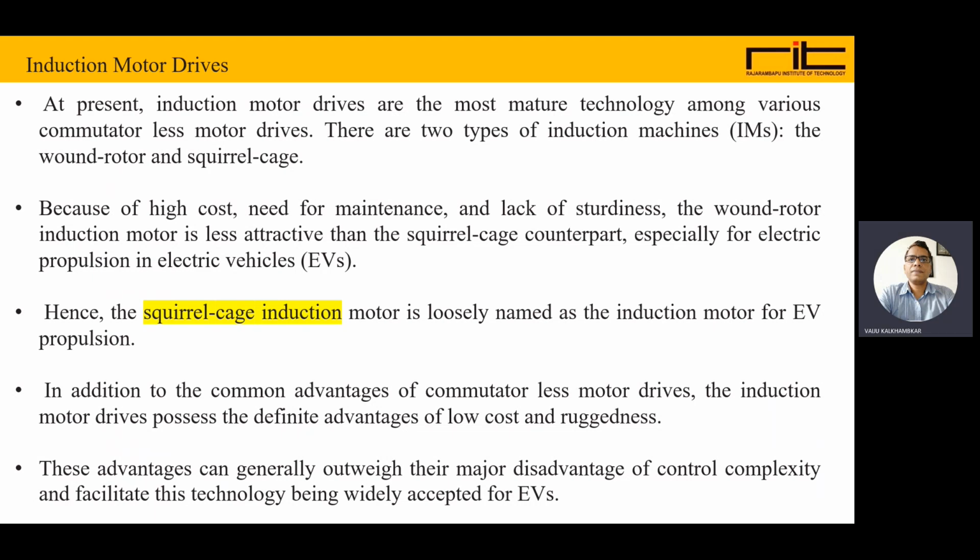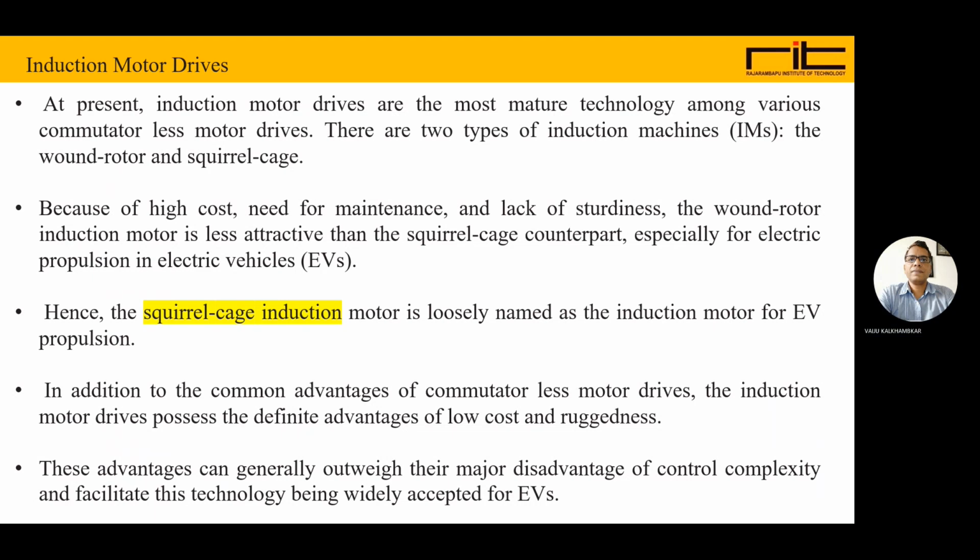Because of high cost, need for maintenance, and lack of sturdiness, the wound rotor induction motor is less attractive than the squirrel cage induction motor, especially for electric propulsion in EVs.